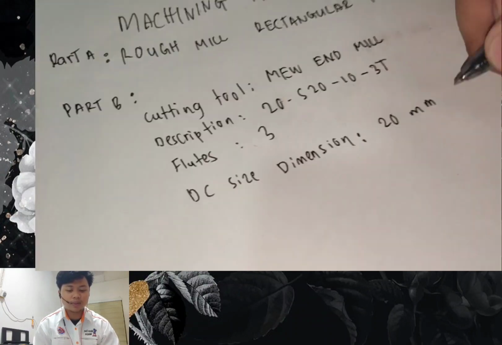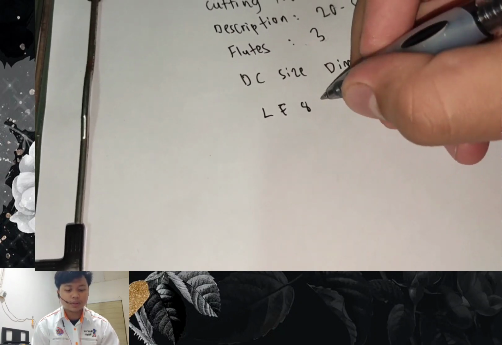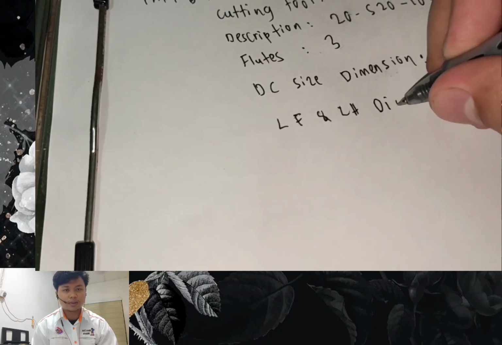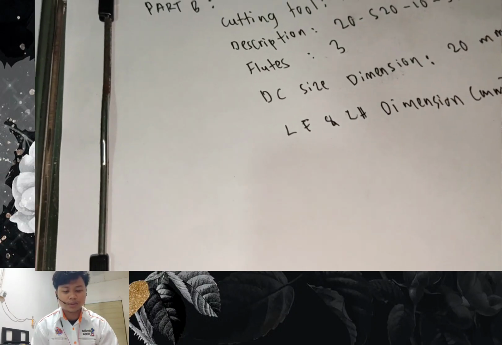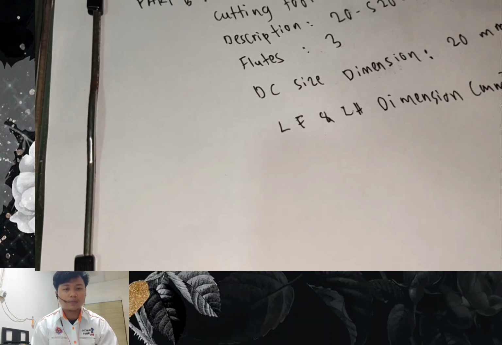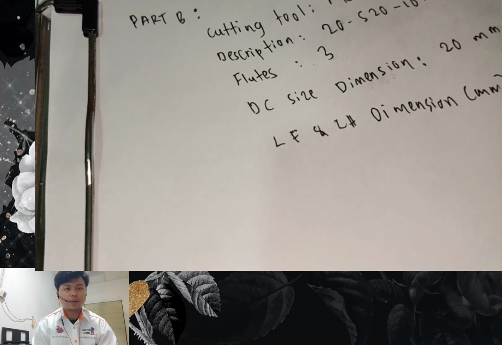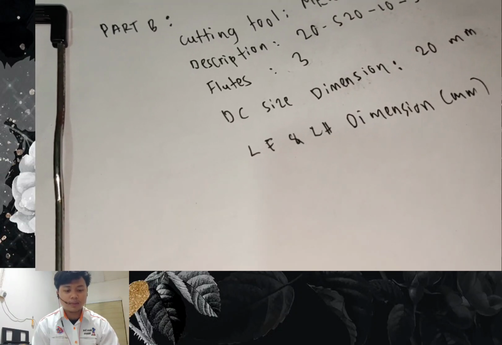For the dimension of DC, I choose 20 millimeter, and for the LF and LH dimensions, for the LF I use 110 millimeter, and for the LH I use 30 millimeter.